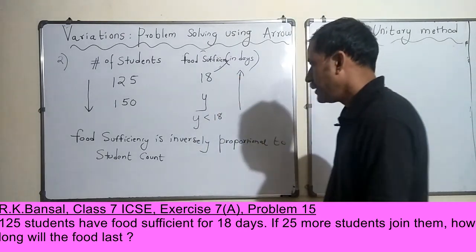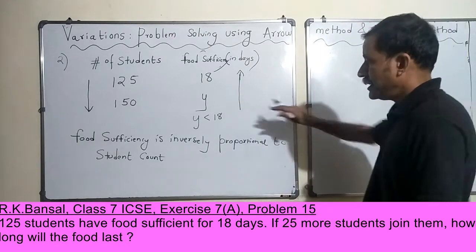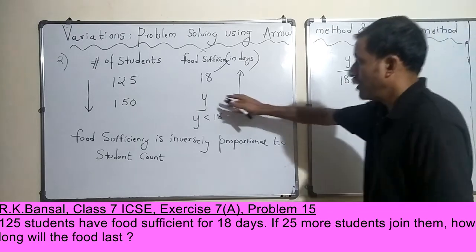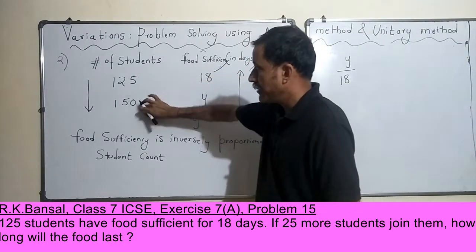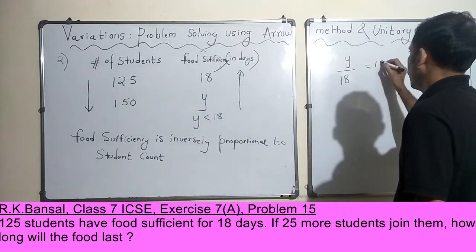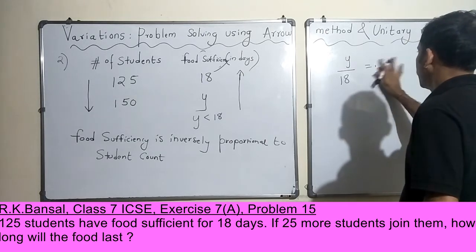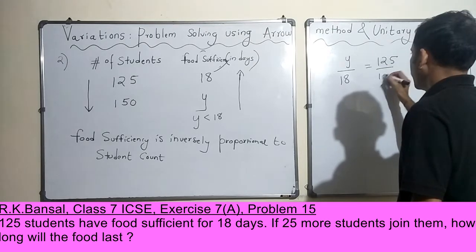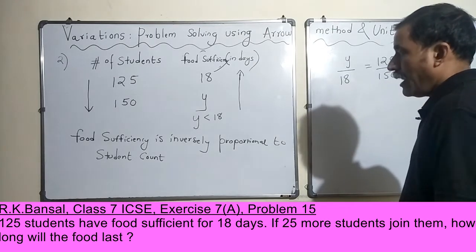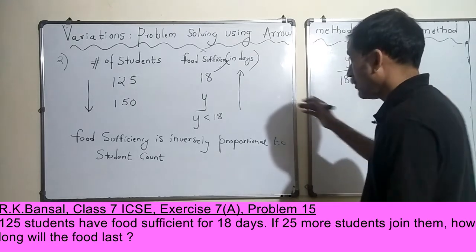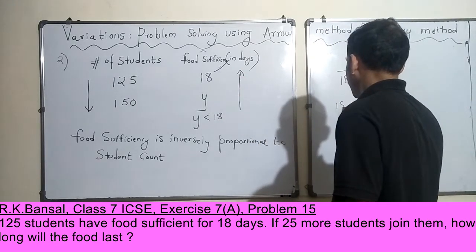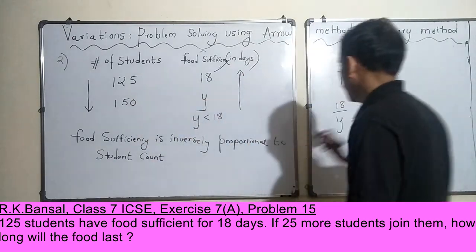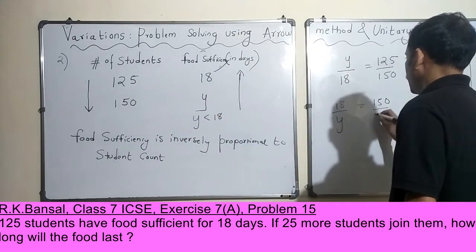So now they are going in opposite directions. Let me start from here. y by 18 is equal to 125 by 150. As I told you in yesterday's session, you can also say 18 by y is equal to 150 by 125.